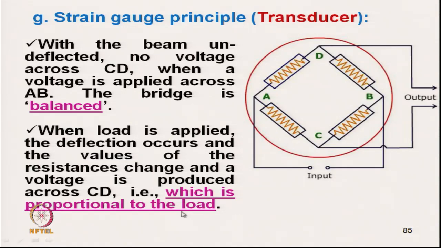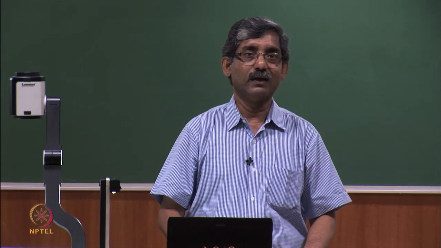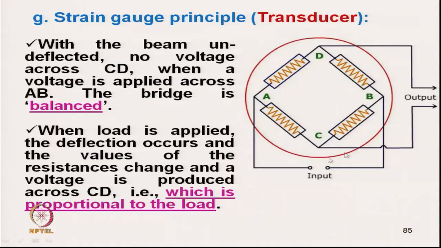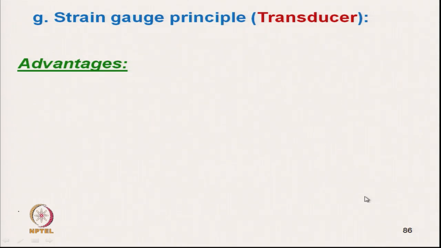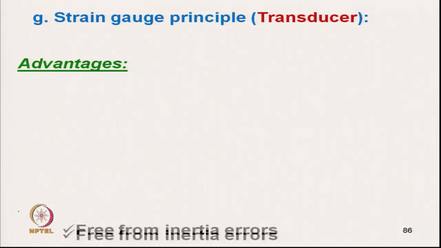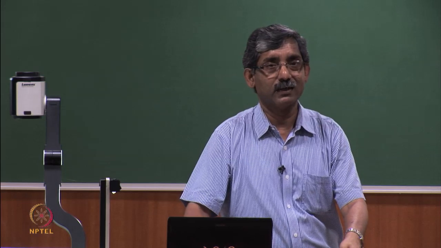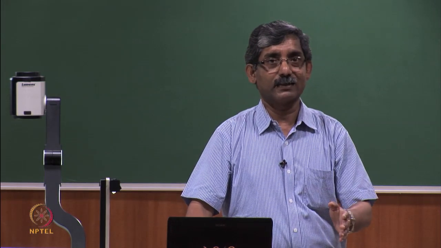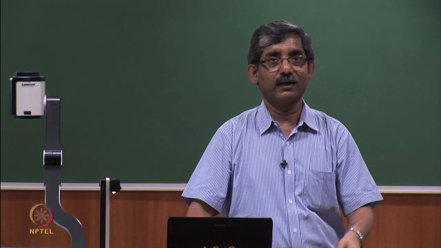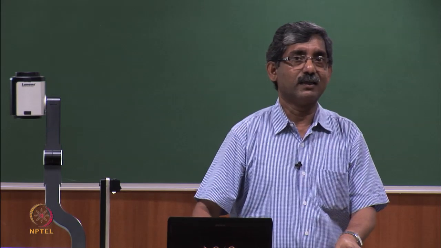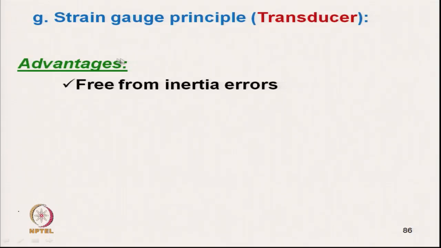Whatever load is applied on the specimen will be measured by this output voltage value. The main advantage of this instrument is that it is free from inertia. We have seen in other techniques, like the pendulum technique, that the inertia effect is there. This is actually free from inertia.